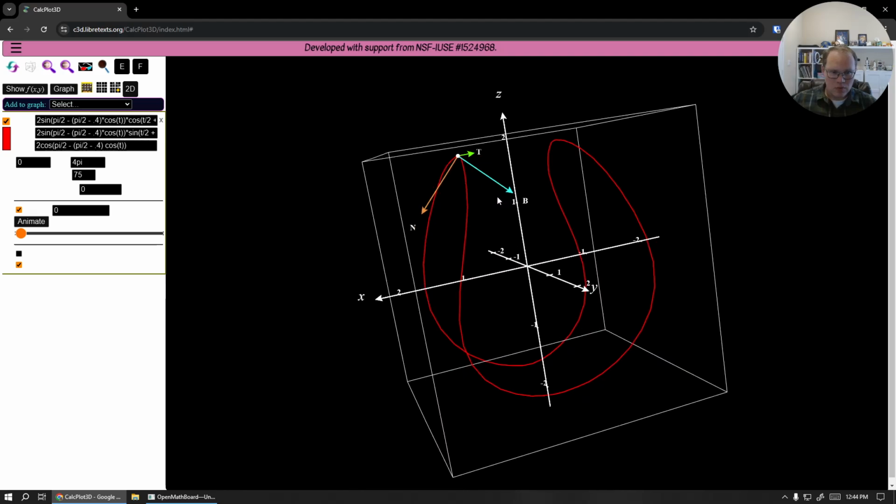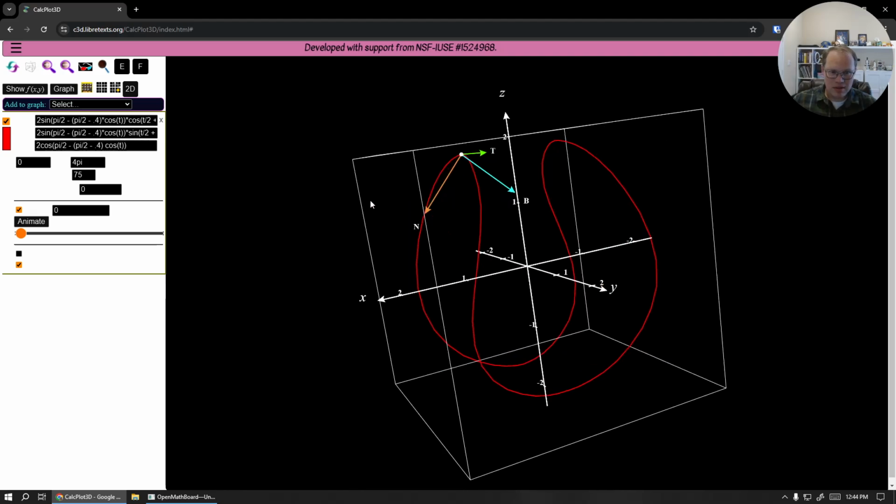Okay, so what happens as we let this move along? Okay, look what's happening. The unit tangent vector is always tangent. The normal vector is always pointing in the direction where the curve curves.